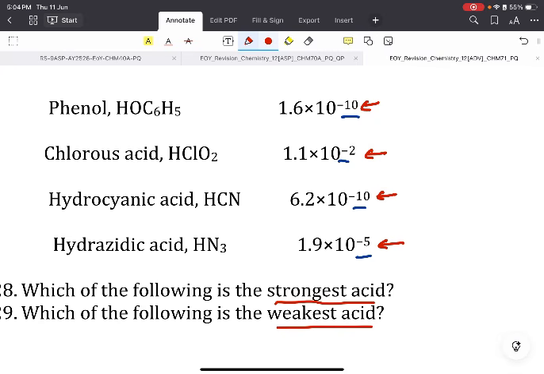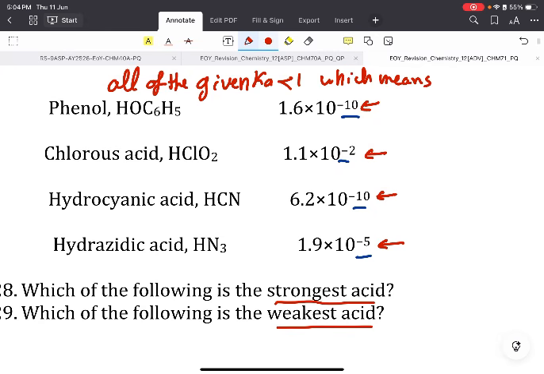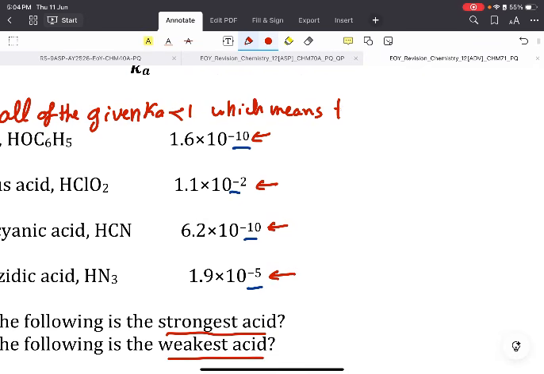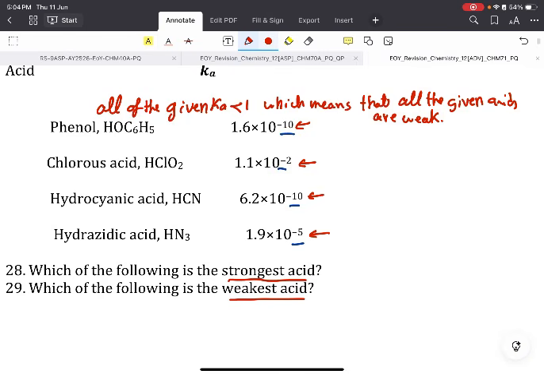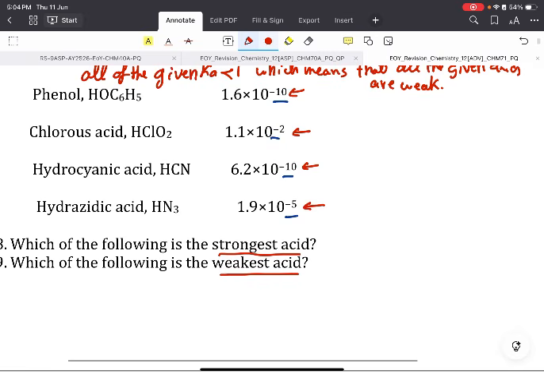But all of the given Ka are less than 1, which means that all the given acids are weak. But of course, some acids are weaker than others, and some acids are stronger than others, but still, in general, they are weak.